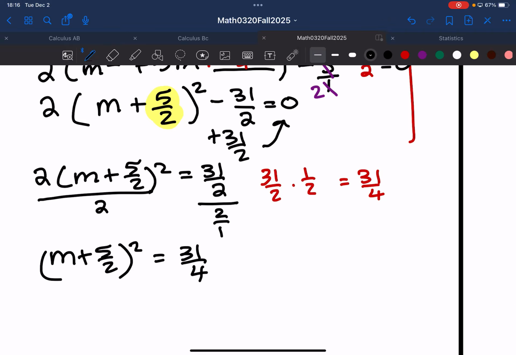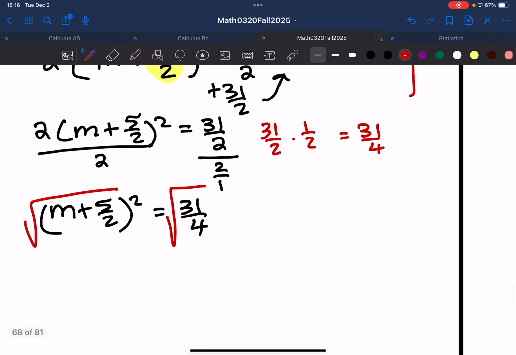Okay, then what? Square root both sides. So I'm left with m plus 5 over 2 equals plus or minus the square root of 31 over 4. Not quite, we're trying to get the exact answer first.